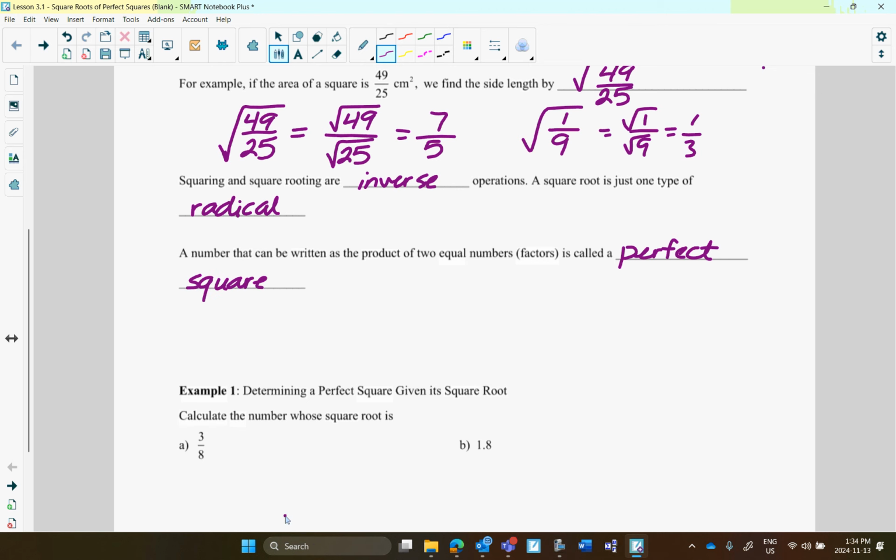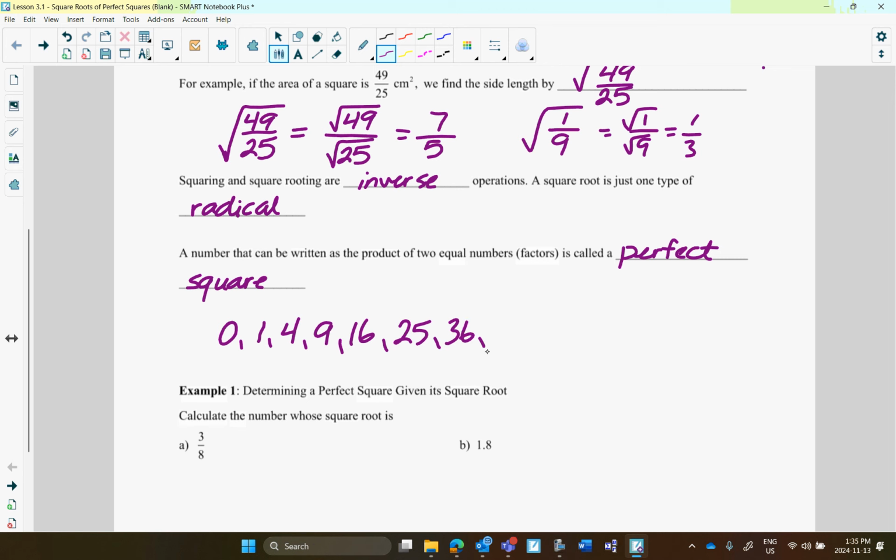So the lowest whole number perfect square is 0, because it can be written as 0 times 0. What's the next one? The answer to 1 times 1. What's the next one? The answer to 2 times 2. And then 9, and then 16, 25, 36.